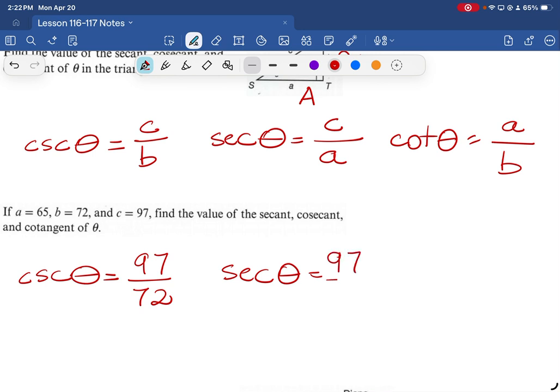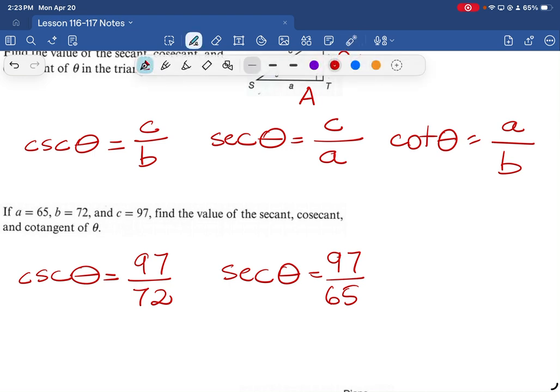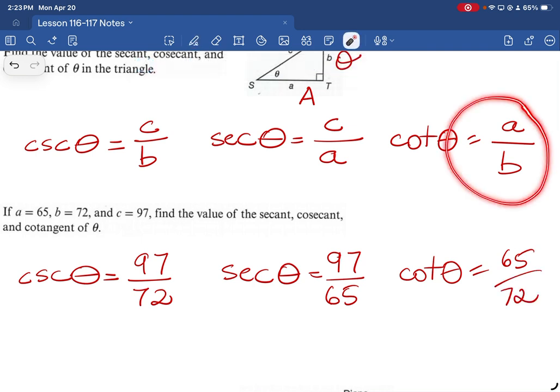He's correct because we said C over A. Harper, back to you for cotangent theta. 65 over 72. She knew that it was A over B, so we put our A, 65, over our B, 72.